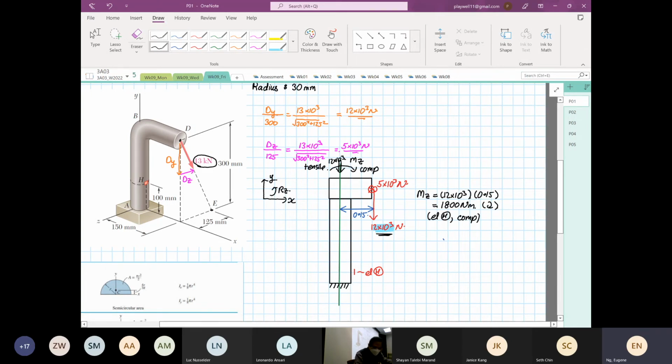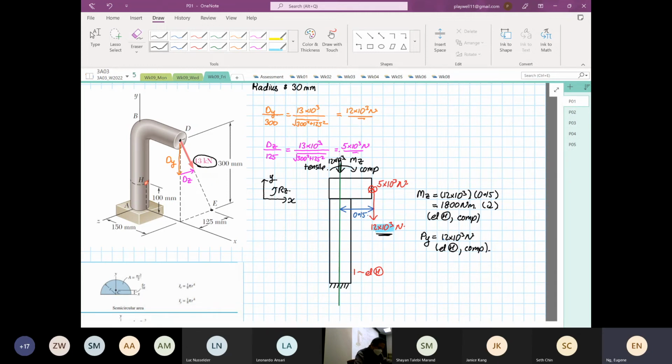So from here, we write down that Py is equal to 12 times 10 to the power 3 Newton. We also know that element H, due to the 12, is also going to be in compression. Anything else to do? Nothing else, move on.